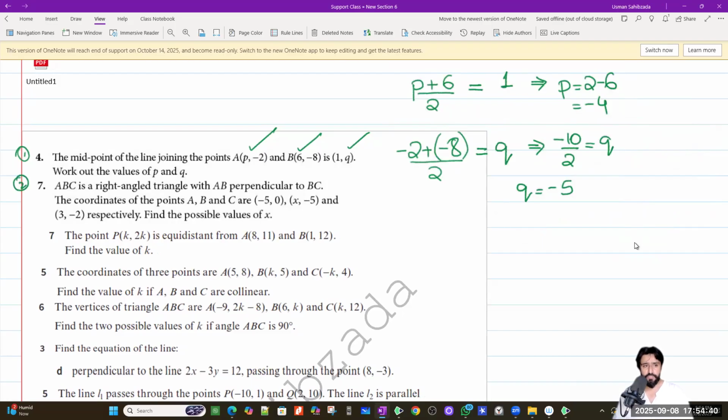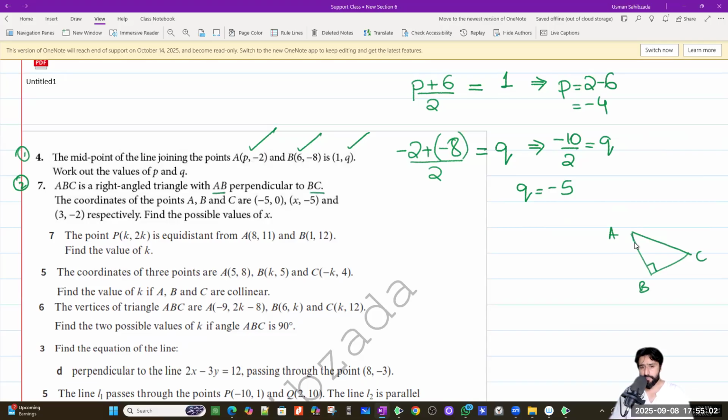ABC is a right angle triangle with AB perpendicular to BC. So guys, if you have trouble imagining this, then thoda sa masla hai. ABC is a right angle triangle where AB is perpendicular to BC.